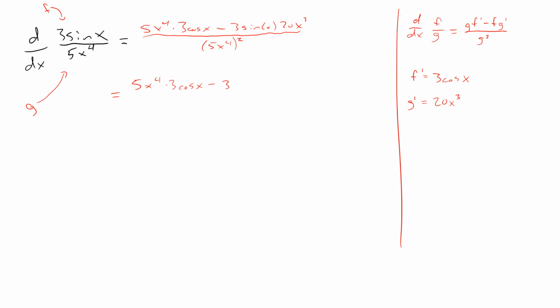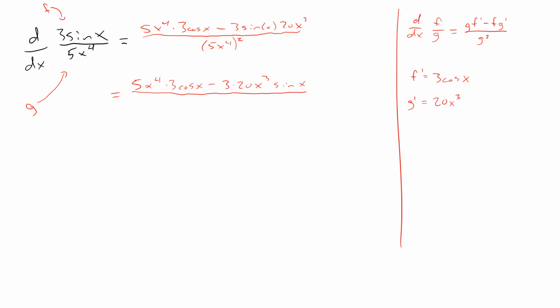I have 3 times 20x cubed times sine x. The only reason I do that is it just cleans things up. You have a consistent order where you have something times x raised to a power, and then something times x raised to a power, followed by your trig functions.